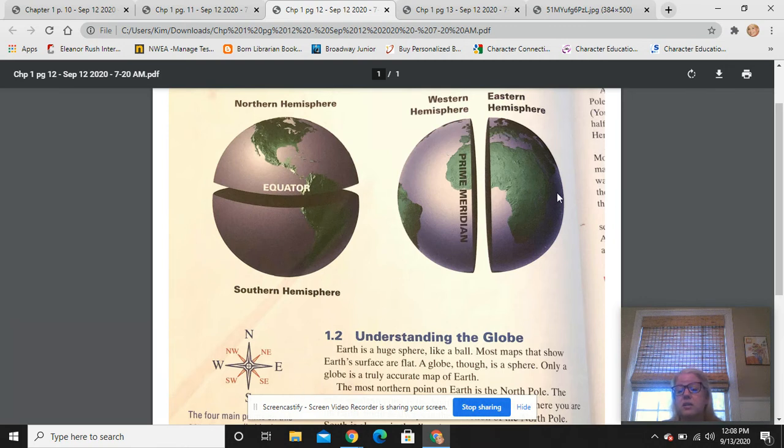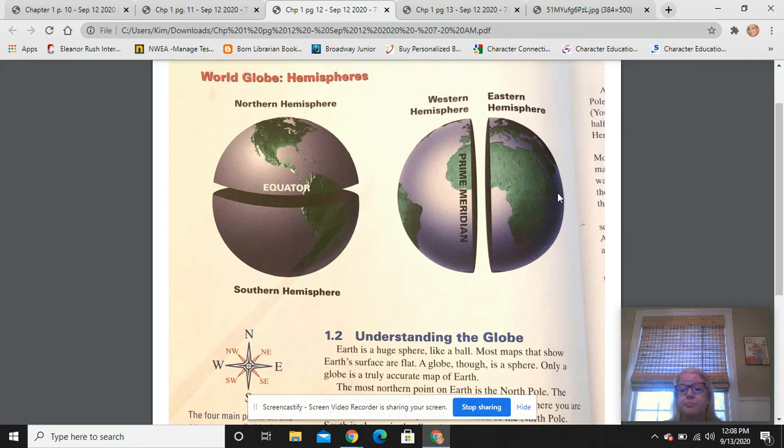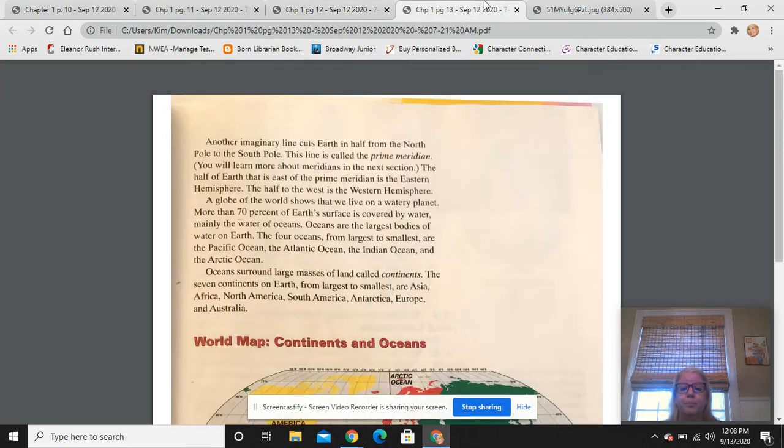To the east of the prime meridian is the eastern hemisphere. So places on the earth, you might say they're in the northern hemisphere, the southern hemisphere, western hemisphere, eastern hemisphere. And you could also say, like the United States, we are in the northwestern hemisphere because we are north of the equator. We are west of the prime meridian.